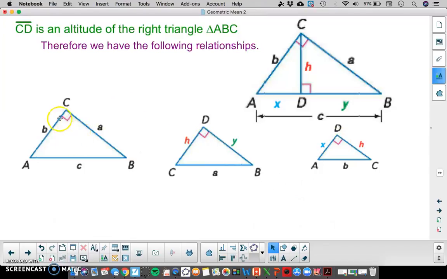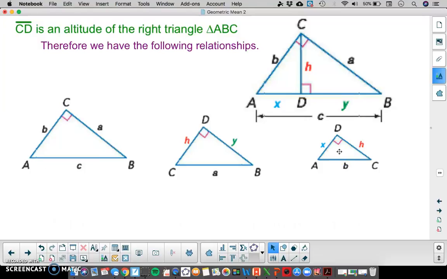Between these two, we have angles C and D that are congruent, and angle B that is shared, which means it is congruent to itself. So we have angle-angle similarity here. In this larger triangle, we have the right angles C and D that are congruent to one another, and then this angle A that is shared. Therefore, the larger triangle and the itty-bitty triangle are similar.